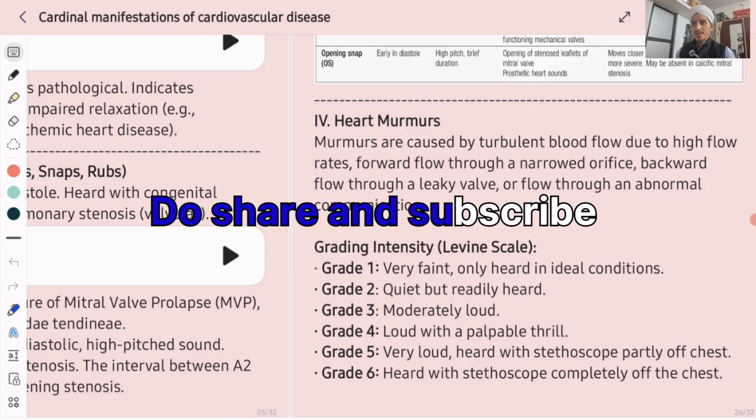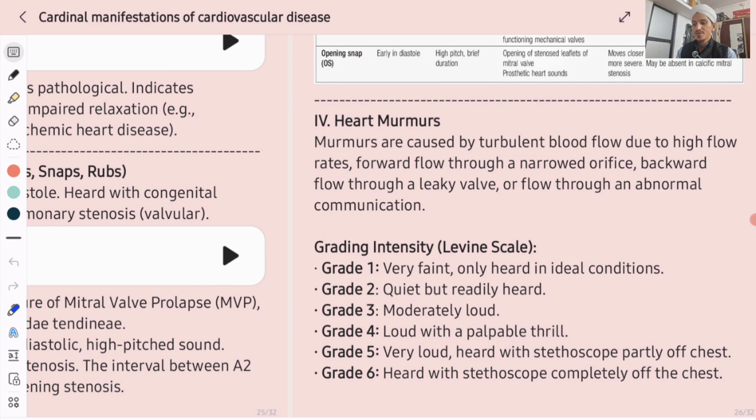One thing I want to make clear from the first part: I said in the beginning that except for the opening snap, all other sounds are diastolic. But actually, in my mind, it was a tongue slip.